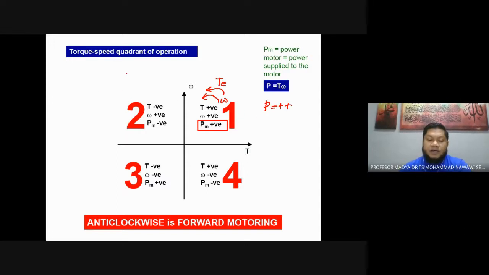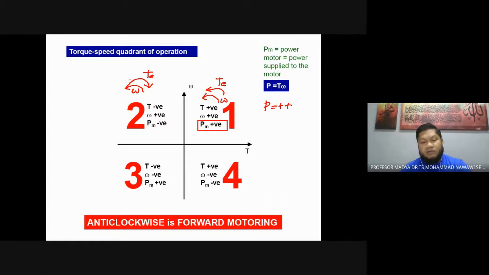In the second quadrant, the torque is negative, which means the torque is reversed, while omega is still in that particular direction.